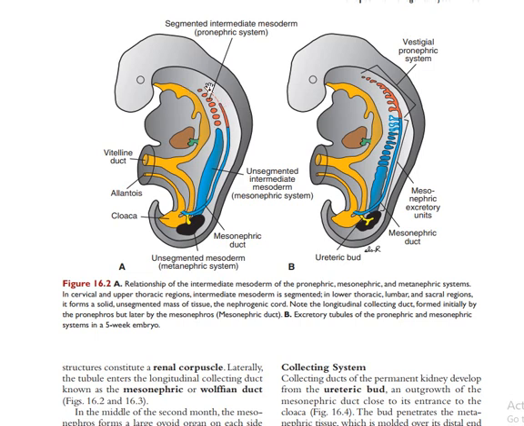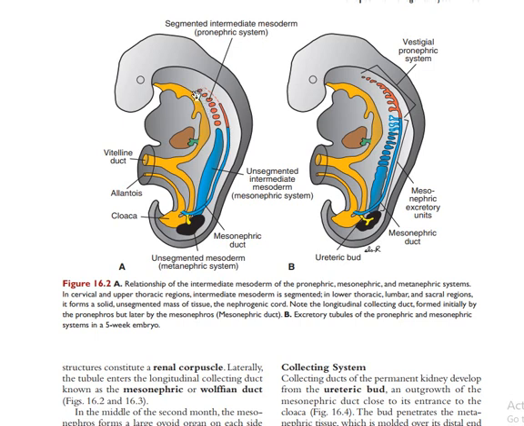And here at this proximal portion, the cranial portion, you are going to have the segmented intermediate mesoderm. The segmented intermediate mesoderm is going to produce the proximal, or cranial, part of the nephric tissues. Here is going to be called the pronephric system.